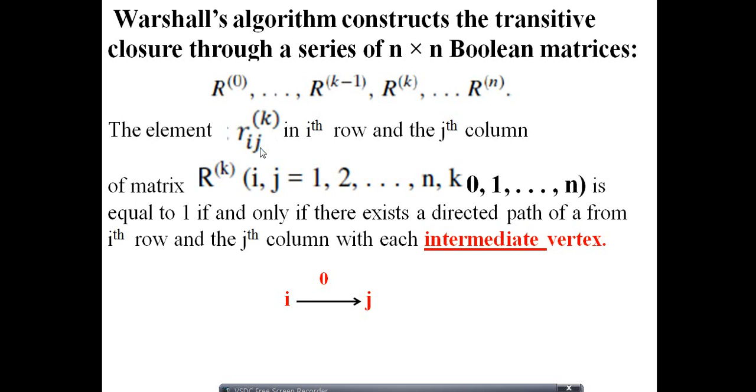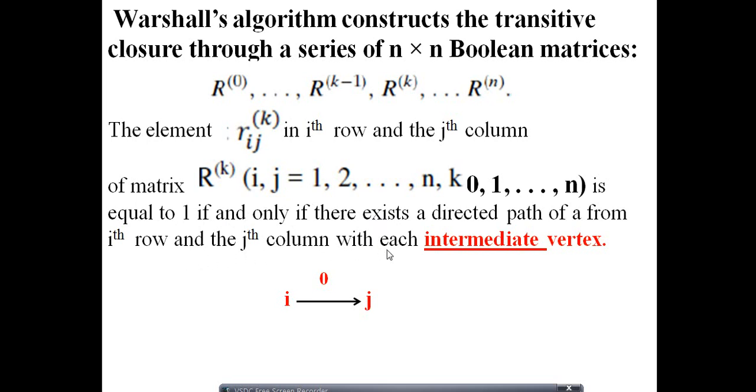The element Rijk in the ith row and jth column of matrix Rk, where k goes 0, 1, 2 up to n, but i and j start from 1, 2 to n, is equal to 1 means there is a path. If it is not 1, there is no path. That's it.